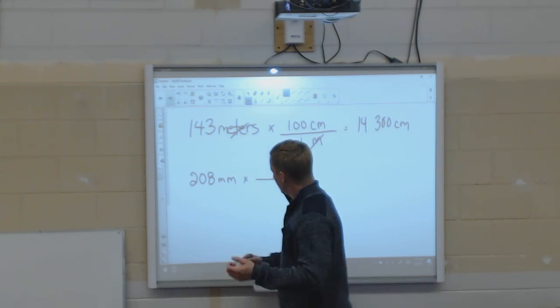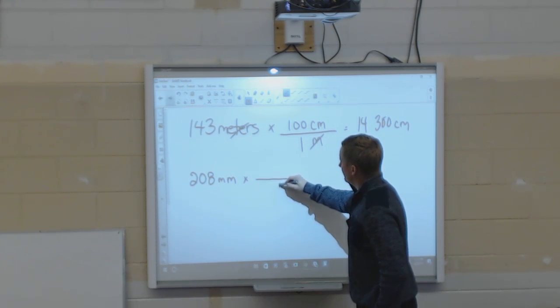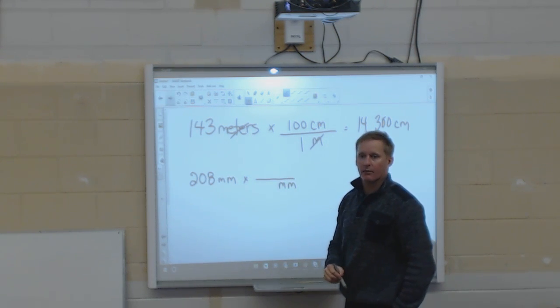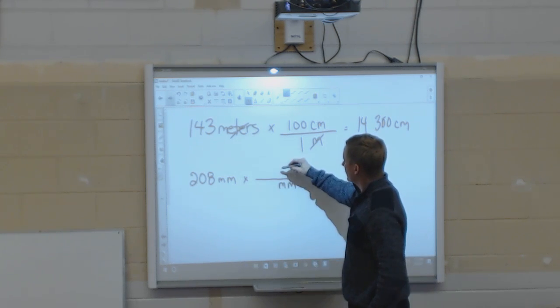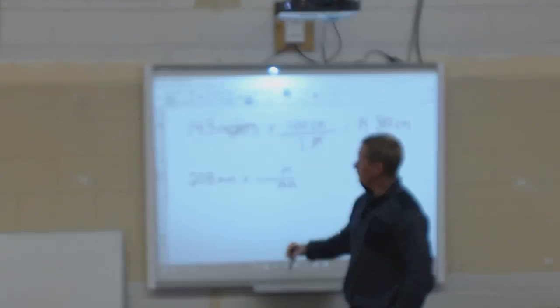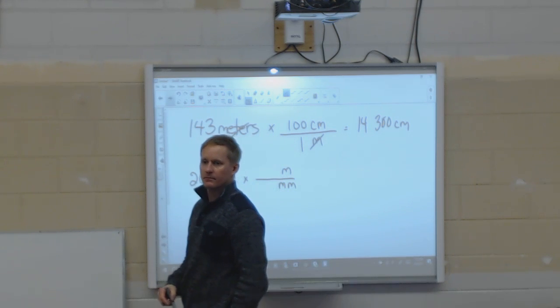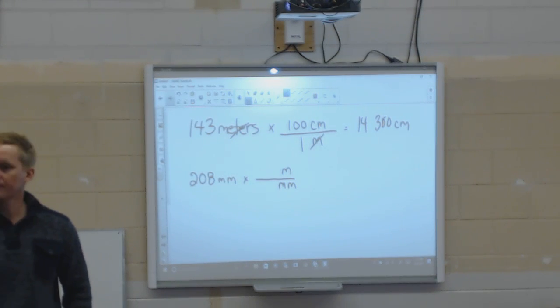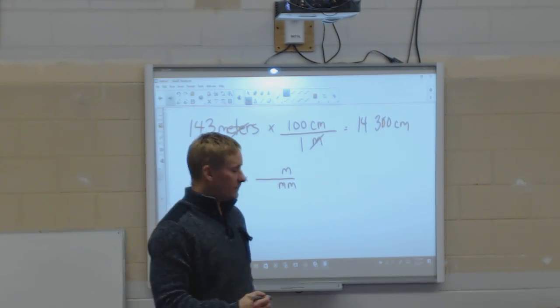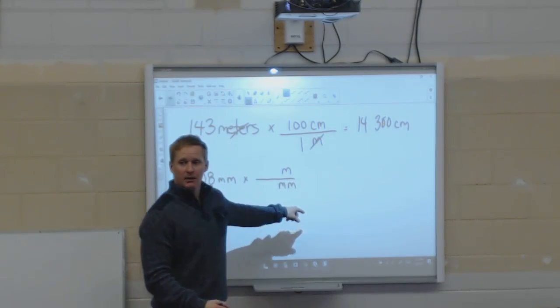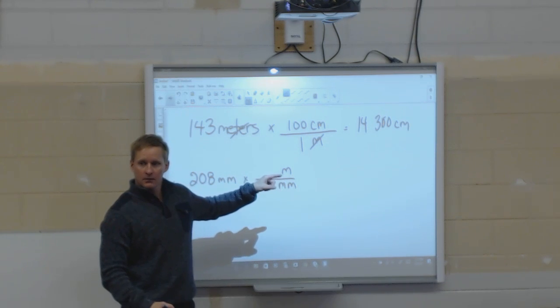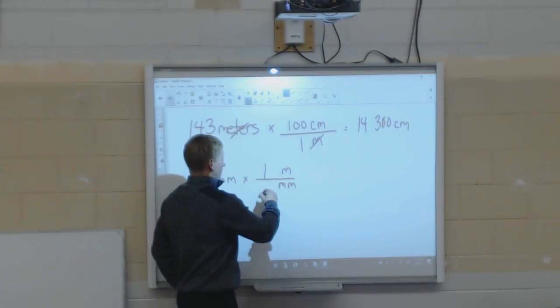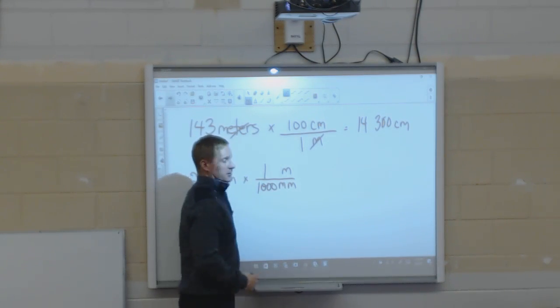Yeah. Okay, so then what I want to do is put millimeters on the bottom, because that's the one I want to get rid of, right? And I want to convert it to meters on top. Do you know how many millimeters there are in a meter? 1,000 meters in 1 millimeter? No, 1 meter and 1,000 millimeters. Right. So you have 1 meter in 1,000 millimeters.